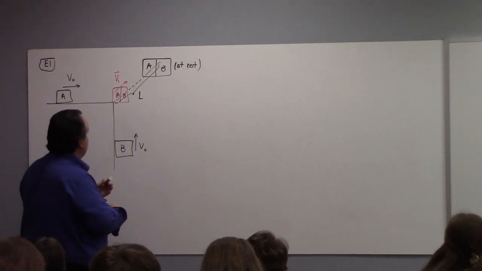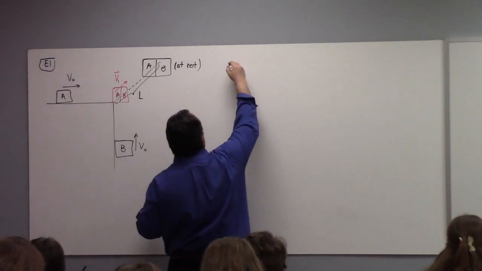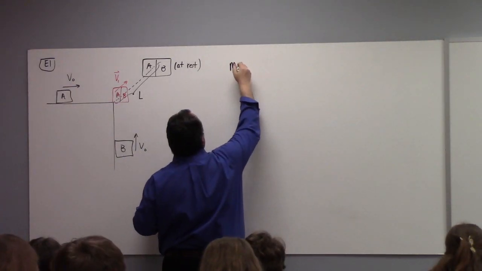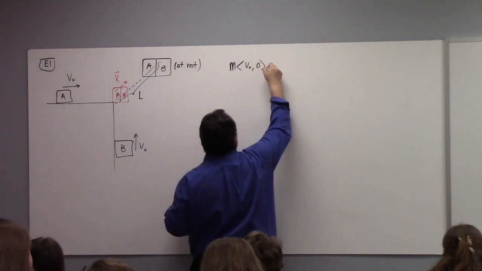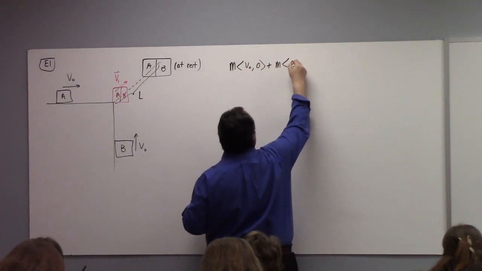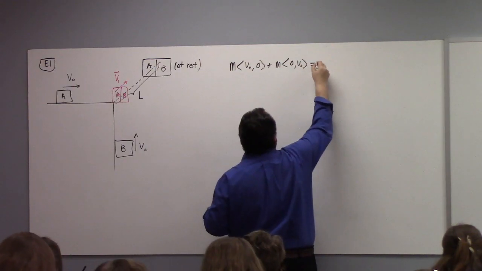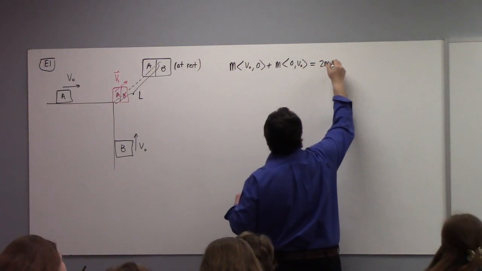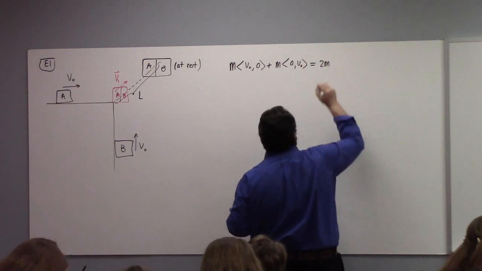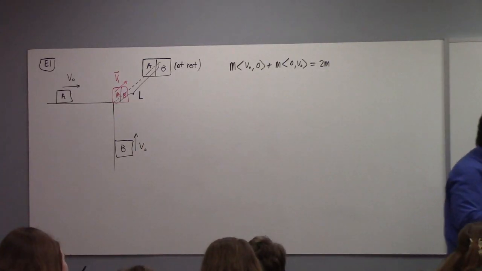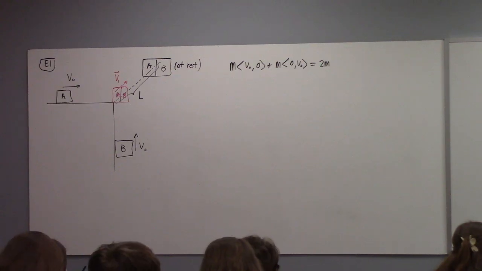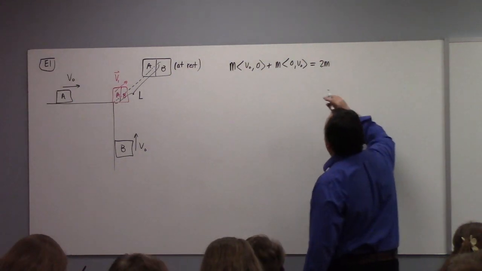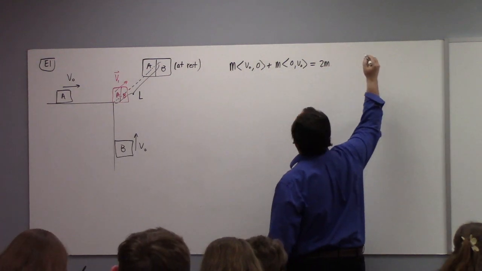And so the deal is that the mass times V0, 0, plus the mass times 0, V0 is equal to twice the mass. Actually, was I given that these cars have equal mass? Yeah, cars of equal mass. So two cars of equal mass, we have 2m V1.